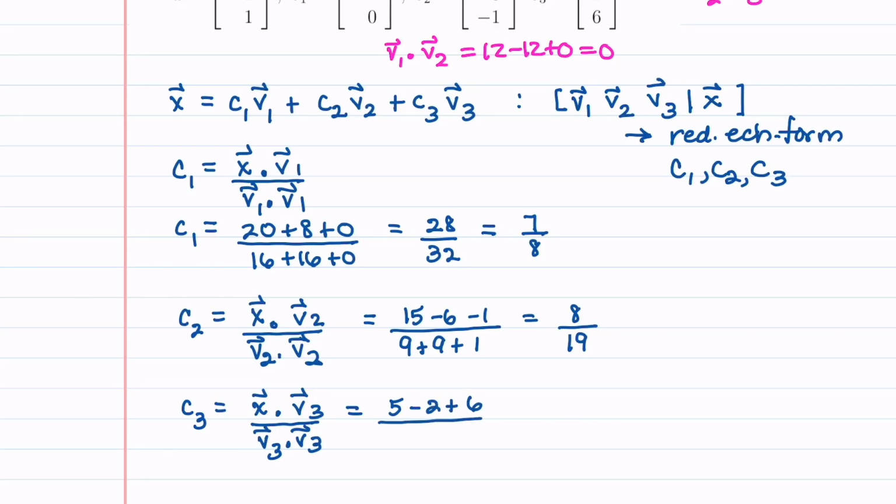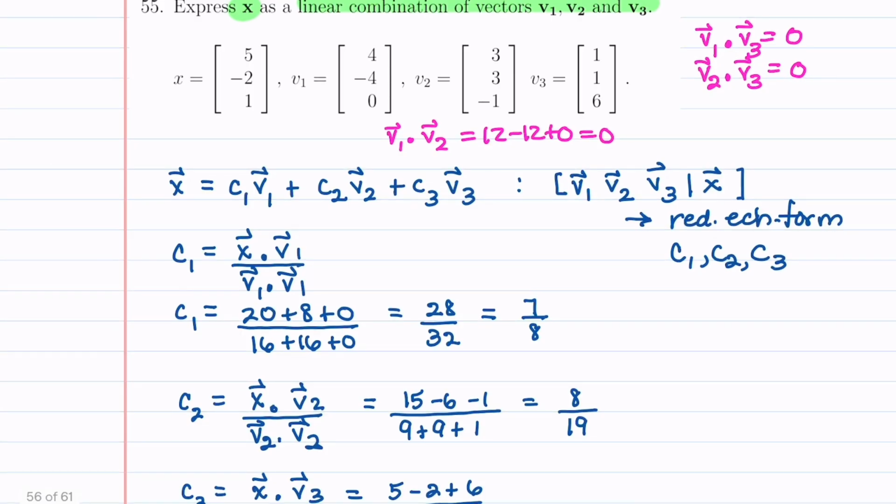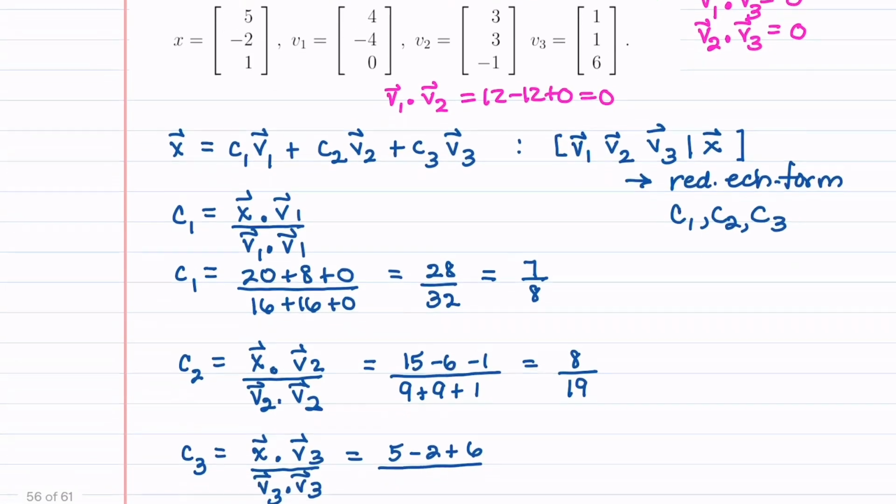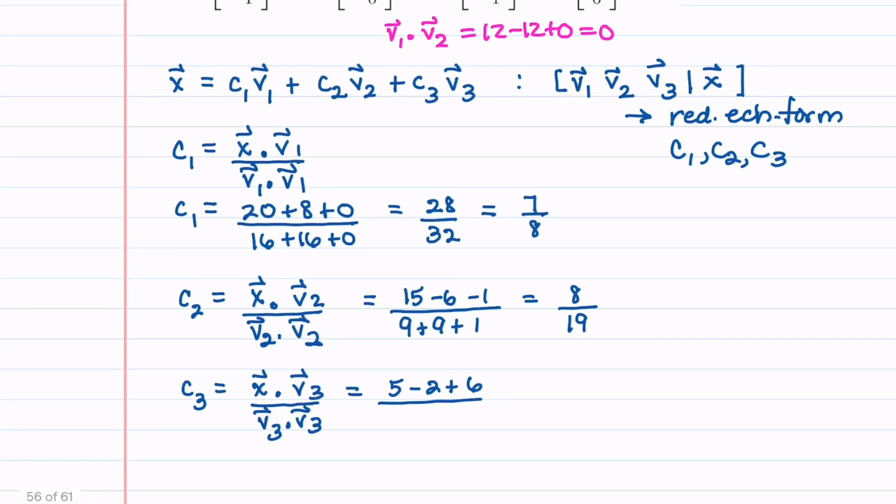And v3 dotted with itself is going to give us a 1 plus a 1 plus a 36. So up top, we're going to have a 9. And in our denominator, we're going to have a 38. And we can't reduce that one either.